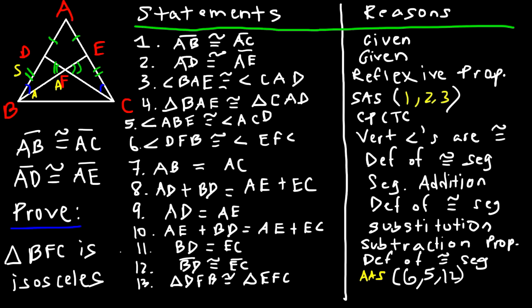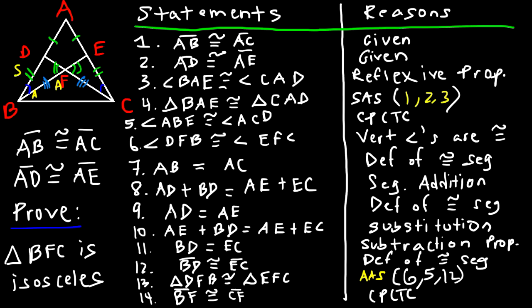So now that we've proven that these two triangles are the same, we can now make another statement. And that is that, let's use a different color. This side is congruent to that side. I'm going to use 3 marks. So we could say that BF is congruent to CF. And it's based on CPCTC.